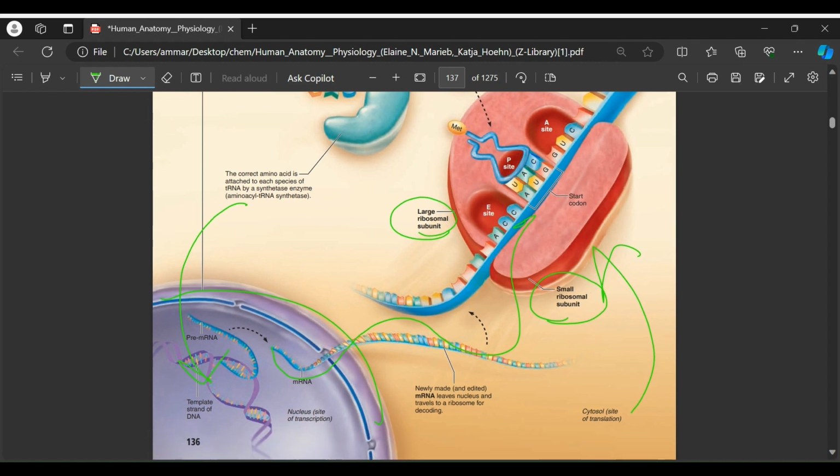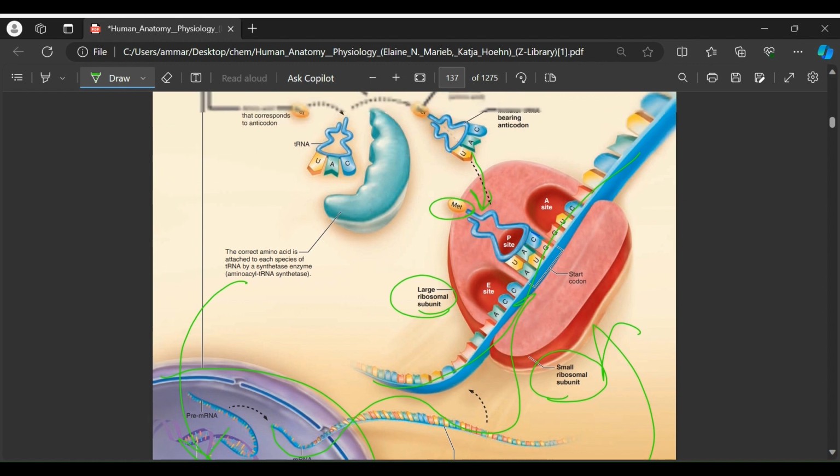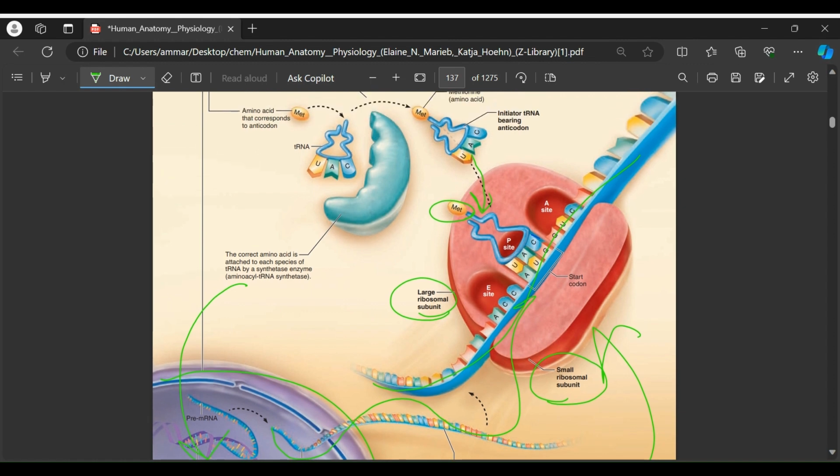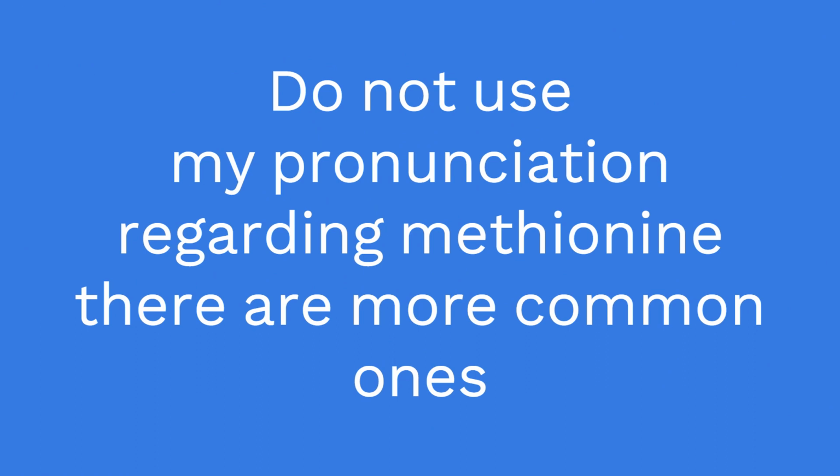After these two subunits attach with the mRNA, the process will begin, but not until the tRNA arrives with its anticodon and its amino acid, which is always the first amino acid, methionine. Methionine.